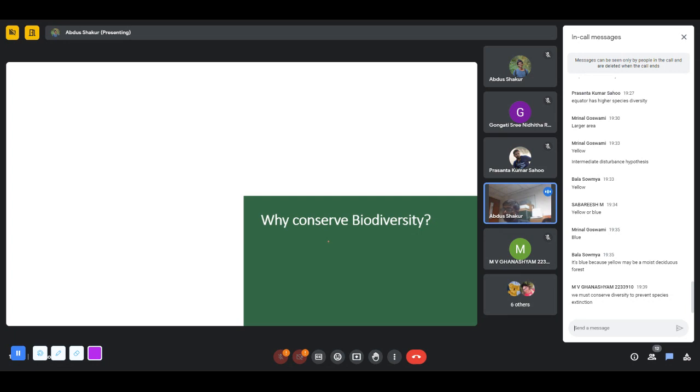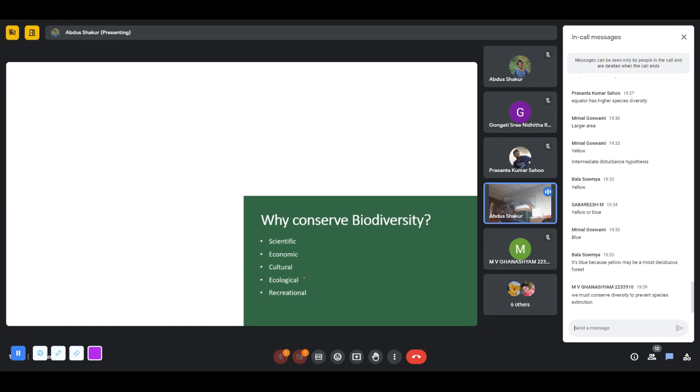So if one of the species doing one of the crucial roles goes extinct, that whole structure that it is a part of might not be able to sustain itself.